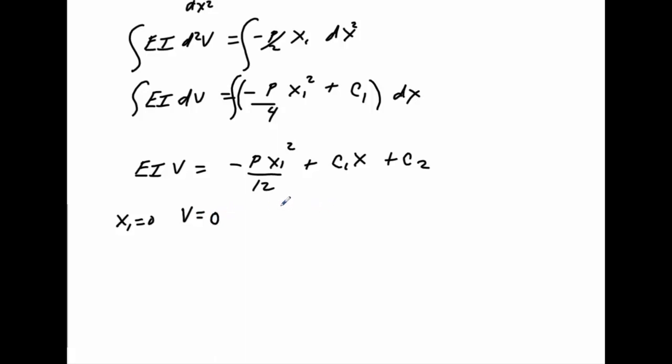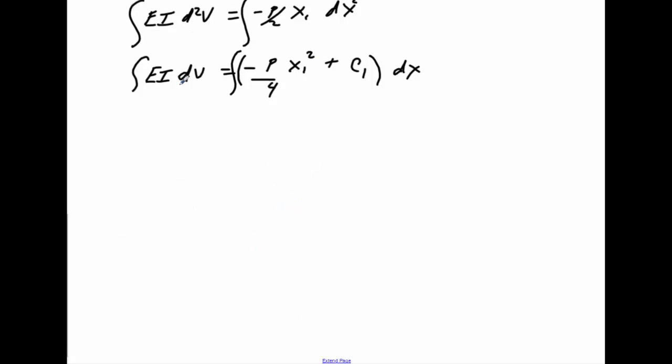Okay, so we will get E times I, and we'll call this our v1 because it's our initial one, is equal to minus P times x1 cubed divided by 12 plus C1 x1 plus C2.